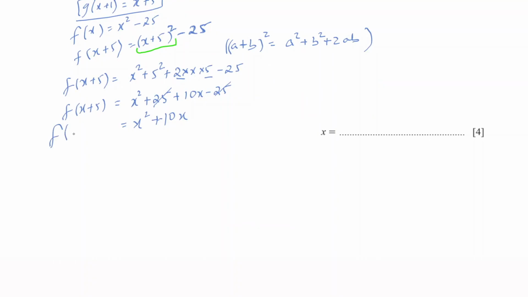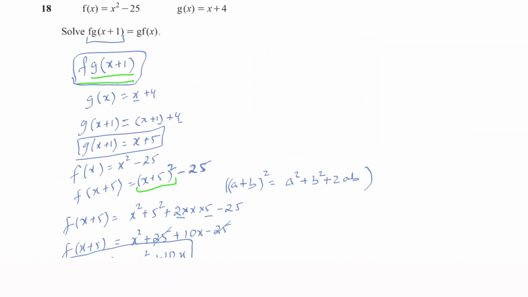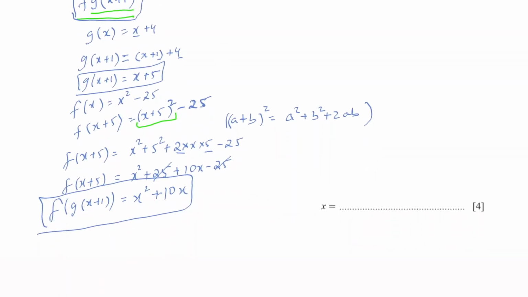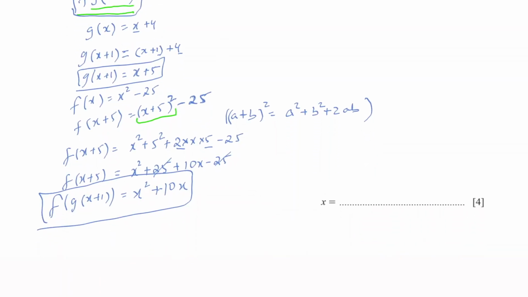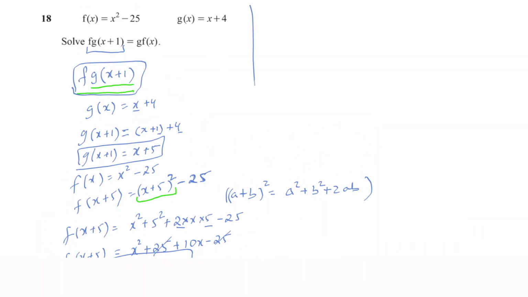So f of g of x plus 1 equals this one, correct? And this we have to equate with g of f of x. If you don't understand this, look at the same things again and you will be able to get it, I think.